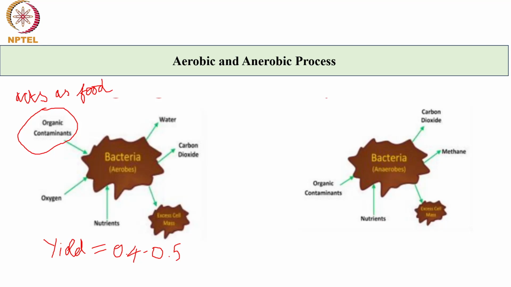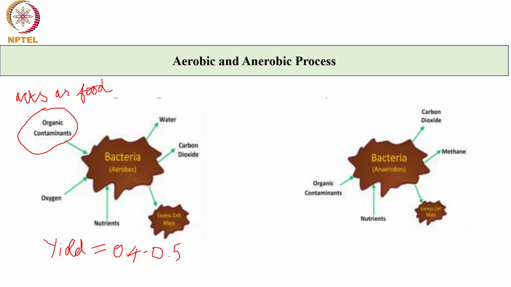If you take carbon removal, the carbon-removing heterotrophs in ASP will be dominant. Nitrifiers will be present in very little quantity in the case of ASP, and they are autotrophs, not heterotrophs.